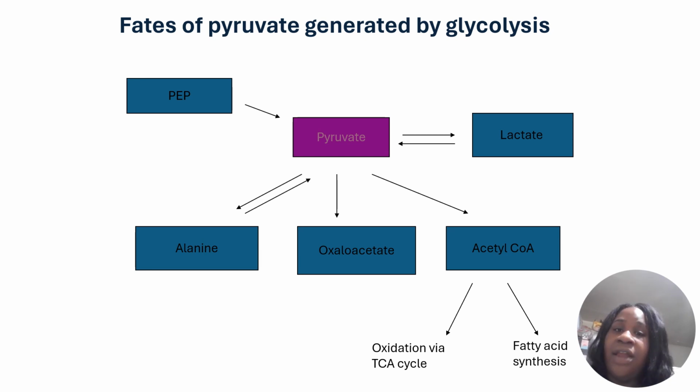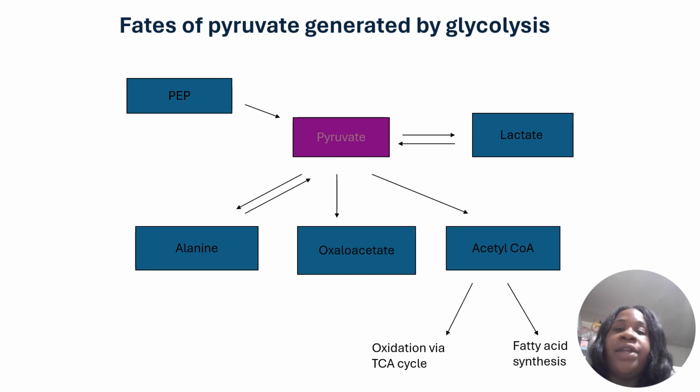So ethanol fermentation is important in the production of alcoholic beverages and in industrial processes like bread making. And when you make bread, you're also utilizing yeast.